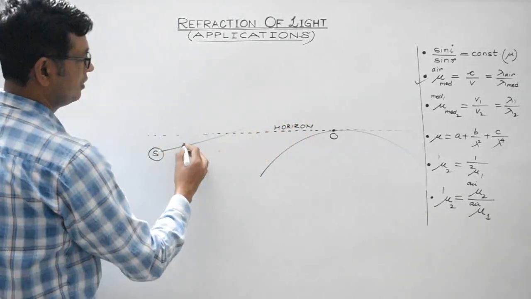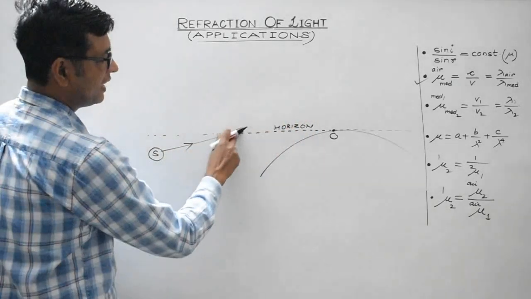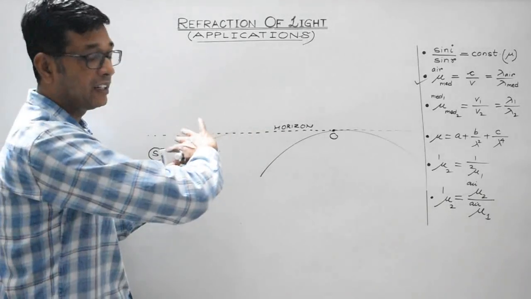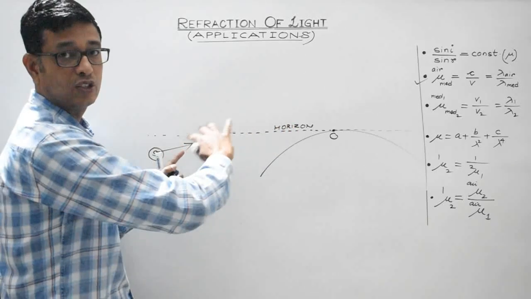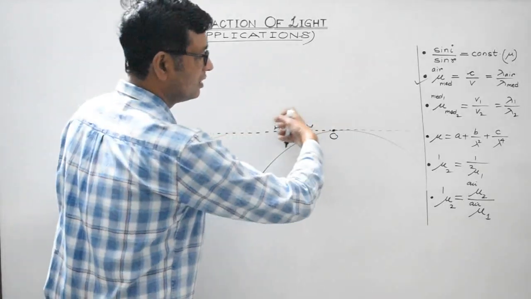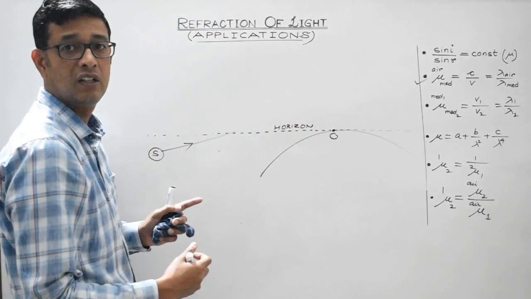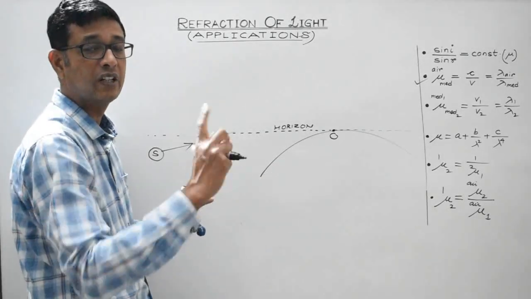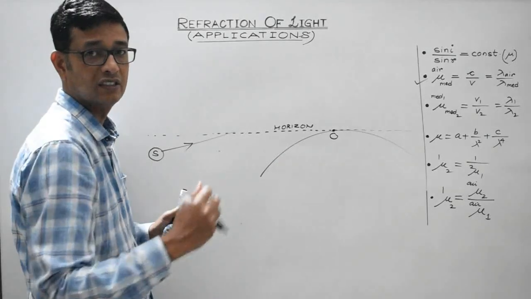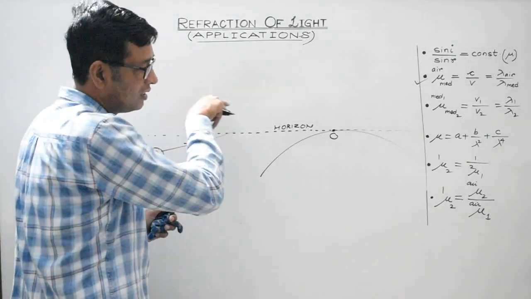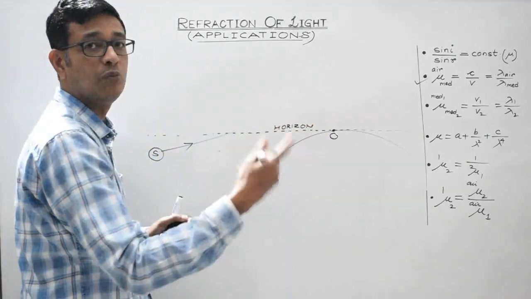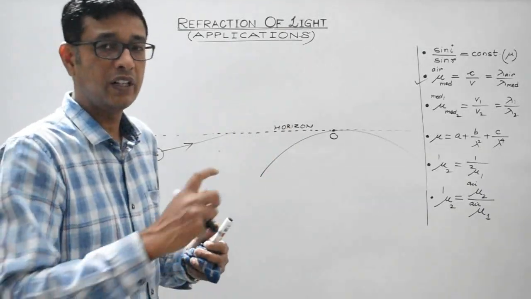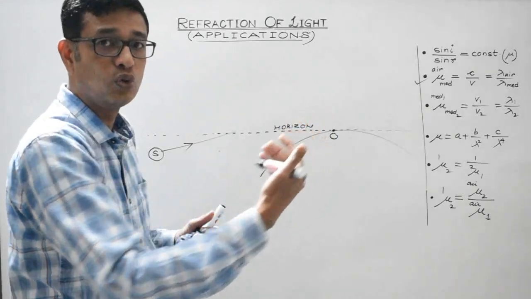These rays are going. So once it enters the Earth's atmosphere, it is traveling from rarer to denser. As it reaches near the Earth's surface, it will cross more and more pairs of media from rarer to denser, then again from rarer to denser. So as it approaches the Earth's surface, the medium will become more and more dense. Whenever a ray of light travels from rarer to denser medium, it tends to bend towards the normal.